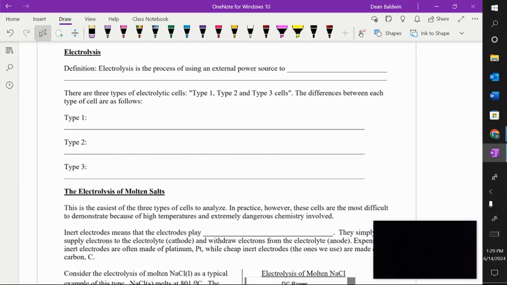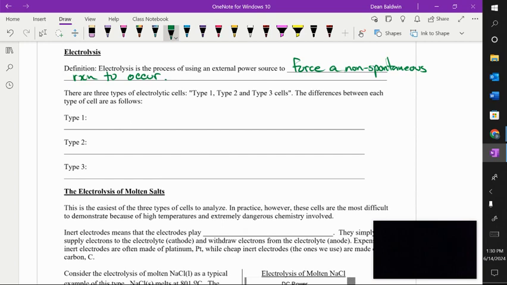So, we've already defined it. I guess we'll define it again. Force a non-spontaneous reaction. So there's three types of electrolytic cells, which we call electrolysis.